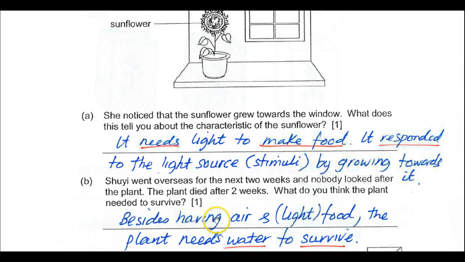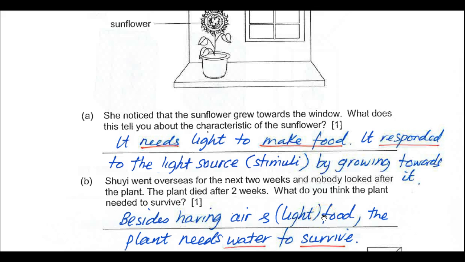But you must say that although the plant needs water, already something is happening. Besides having air and light, which the plant needs to produce food, although it needs water because she hasn't watered it, already air and light is given, the plant can survive.